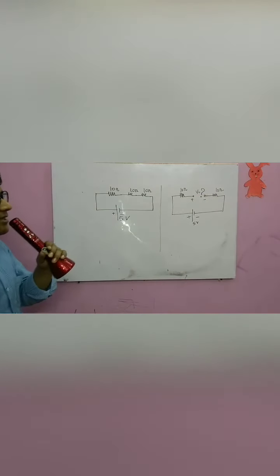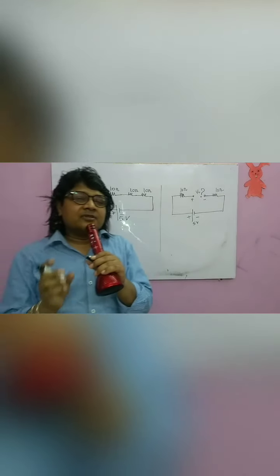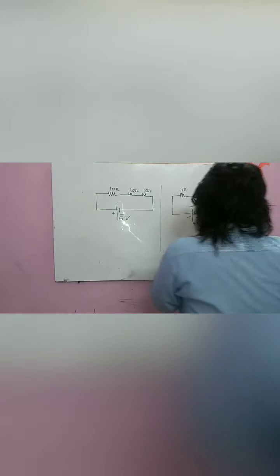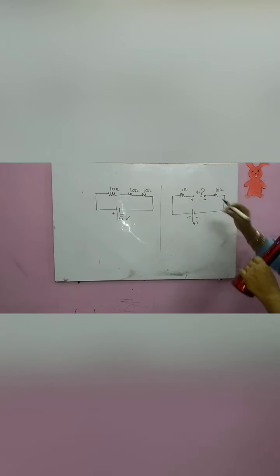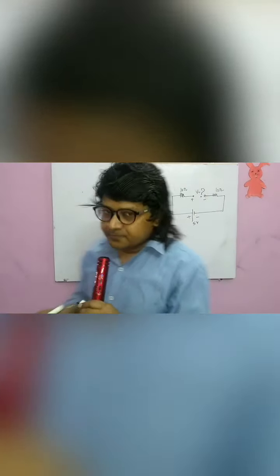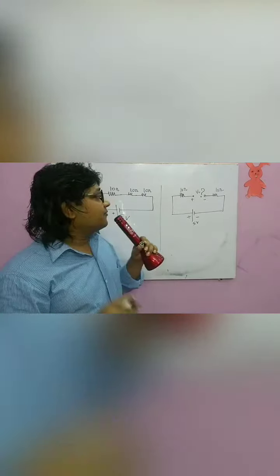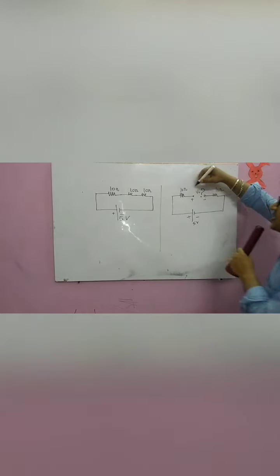What is the voltage across the terminal of the removed part, right? Because you are removing a 10 ohm resistance, these terminals are open, and we are told to find the voltage across these open circuited terminals.